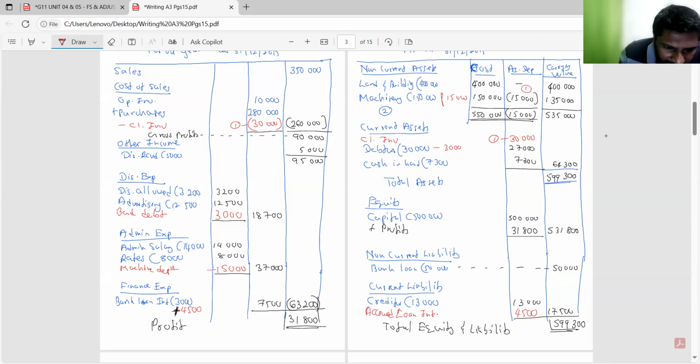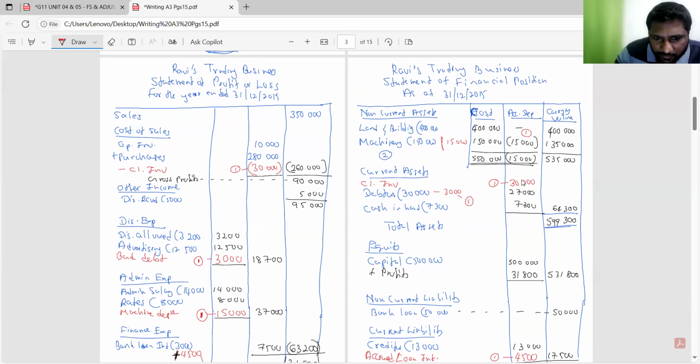And here for the depreciation, another 1 mark, 4 marks. Here 1 mark, 5 marks. Here 1 mark, 6 marks. Here 1 mark, 7 marks. And here 1 mark, 8 marks.